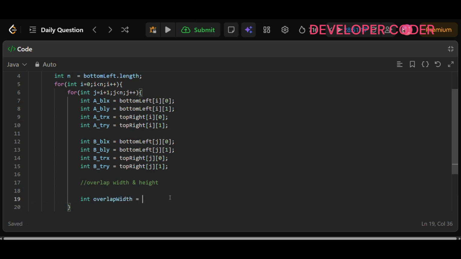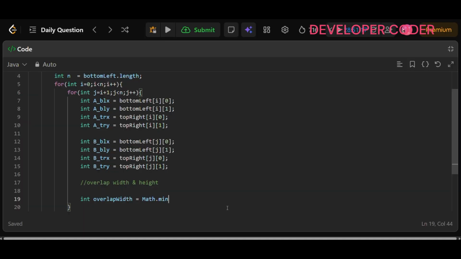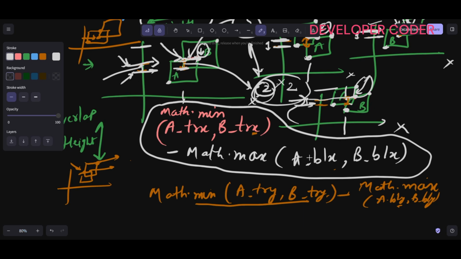width is going to be Math.min of, let's see the formula. So a_trx comma b_trx. So I'm going to write this formula, a_trx comma b_trx, and here minus of a_blx and b_blx.